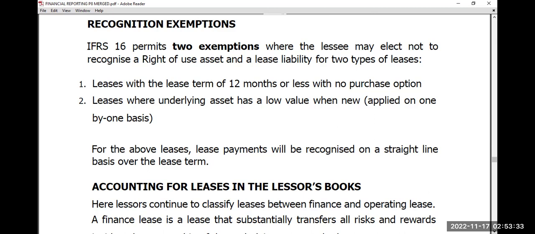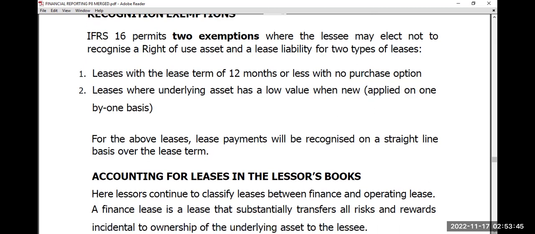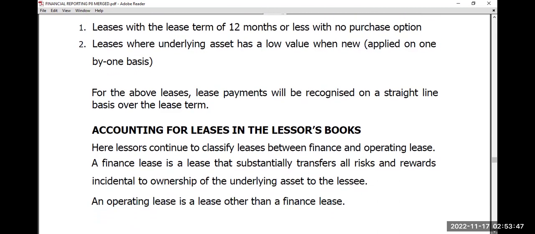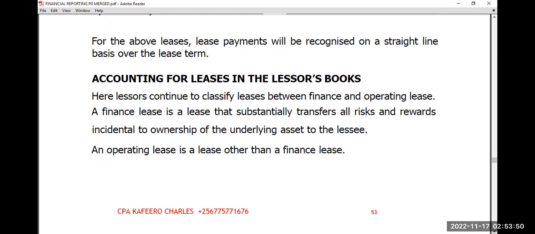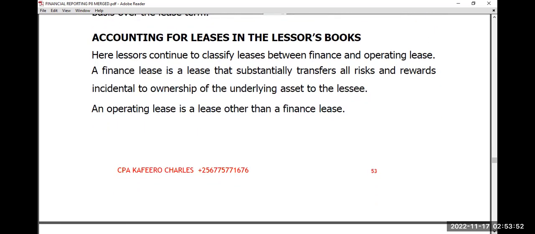If you look at the books of the lessor, we are trying to recognize that this person is, first of all, going to lose the assets, since the assets are going to be given out.